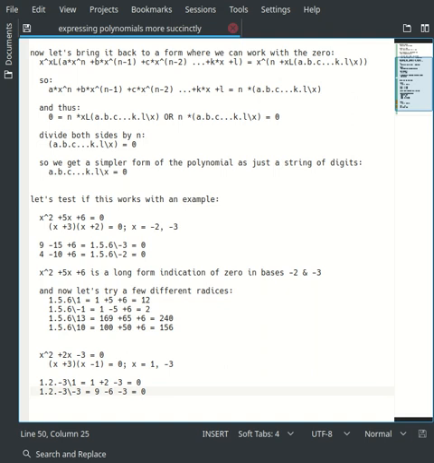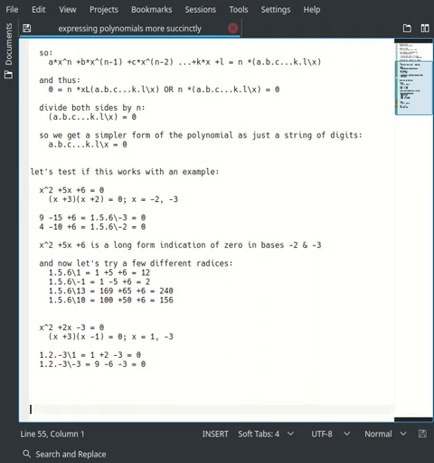So that is also equal to 0. So it doesn't matter. This doesn't care that 2 and -3 don't really make any sense in a normal way, the way you would normally consider a number system, with radix 1.